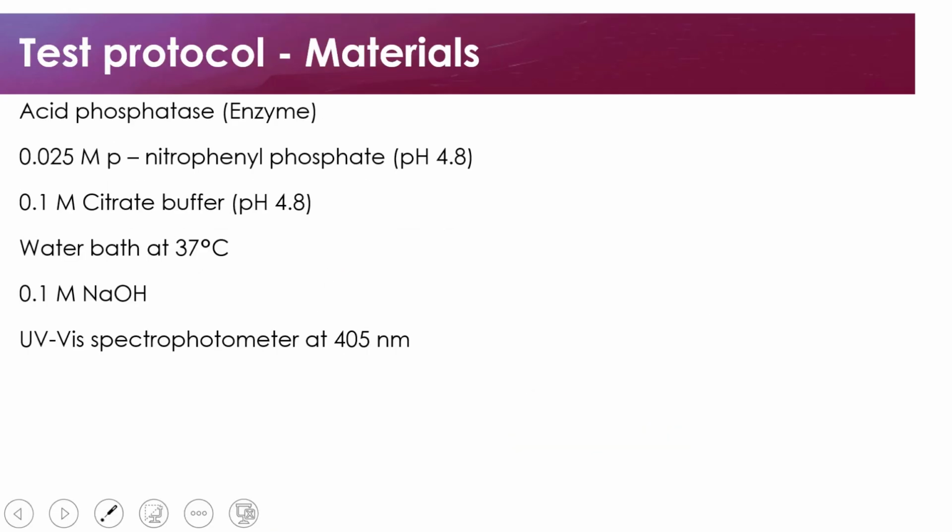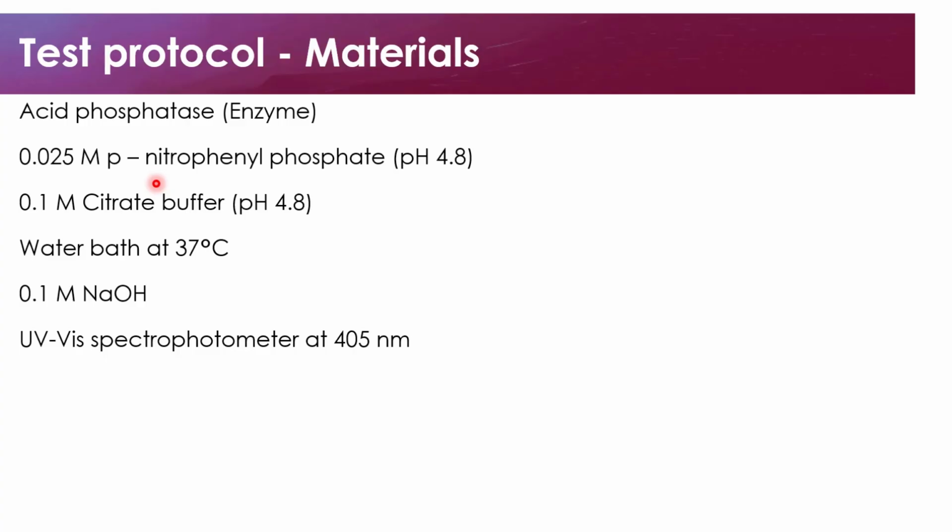So now let us look at our test protocols. And we are going to start by looking at the materials that we are going to use to perform this experiment. So we have acid phosphatase as our enzyme, 0.025 molar p-nitrophenol phosphate of pH 4.8 as the artificial substrate.